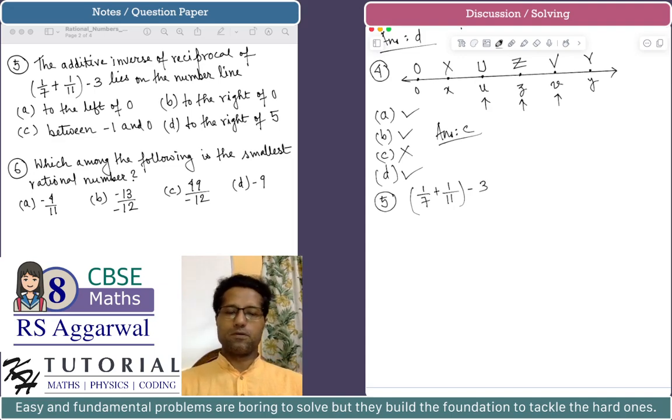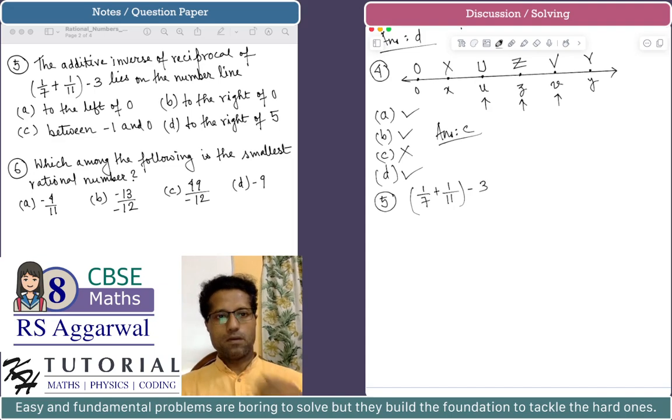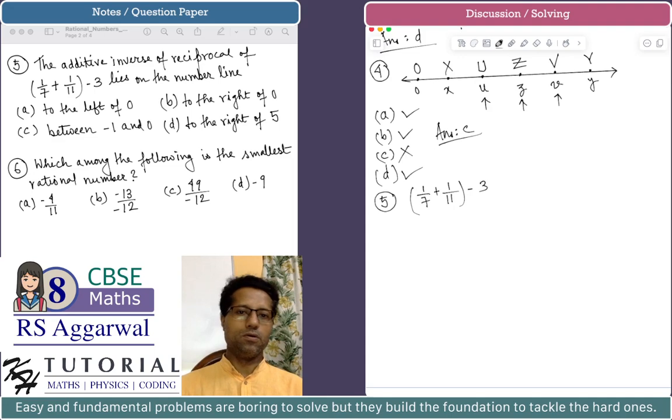Definitely it will lie to the left of 0. Clearly the value of 1 by 7 plus 1 by 11 will never be greater than 3.